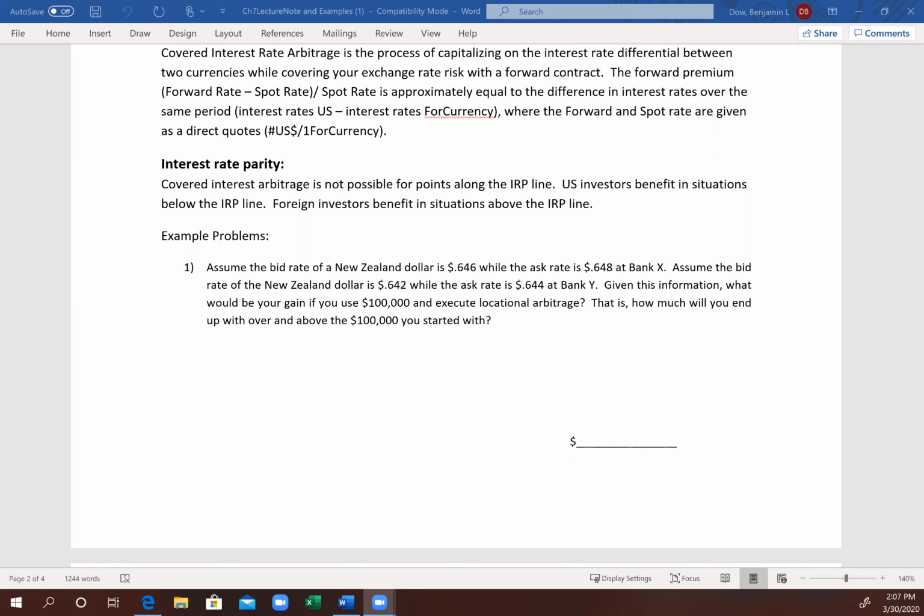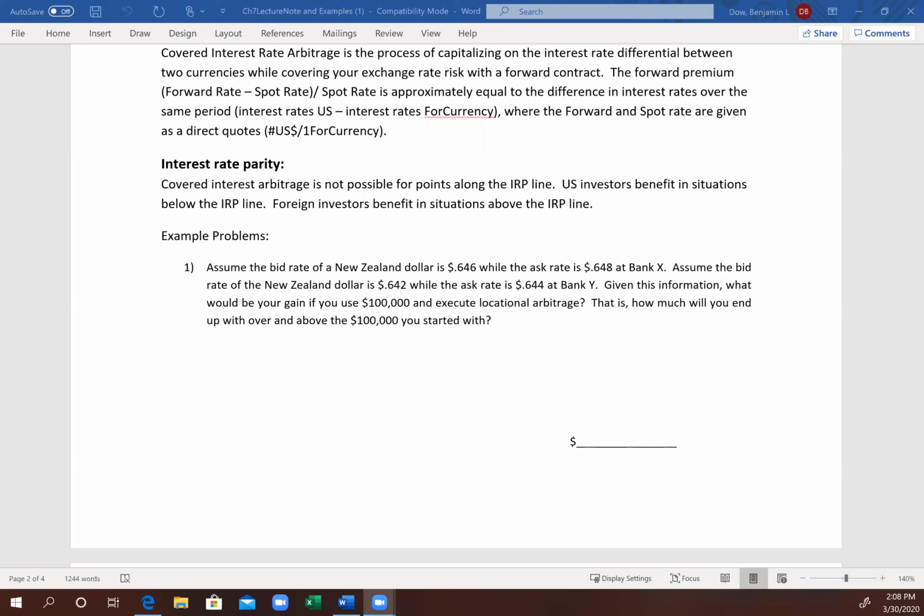With triangular arbitrage, cross rates will be in equilibrium. And then finally, we were looking at covered interest arbitrage. That's where we ended the last time. We'll go over that later today in class. With covered interest arbitrage, forward rates will be in equilibrium.